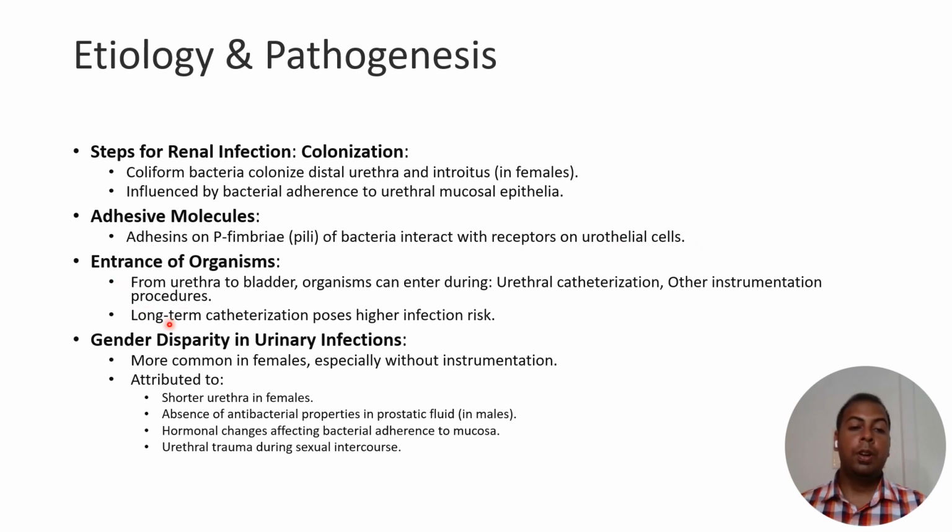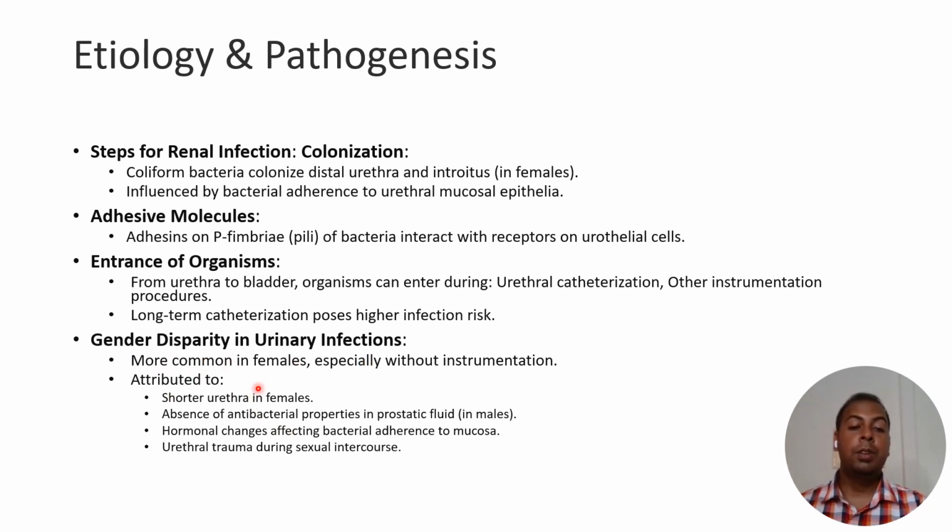So entrance of organisms from the urethra to the bladder. The organisms can also enter during urethral catheterization, and it's usually seen in patients who have catheters in place long term. There is a gender disparity in urinary infections.